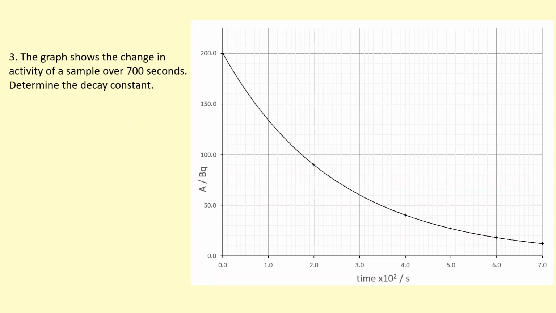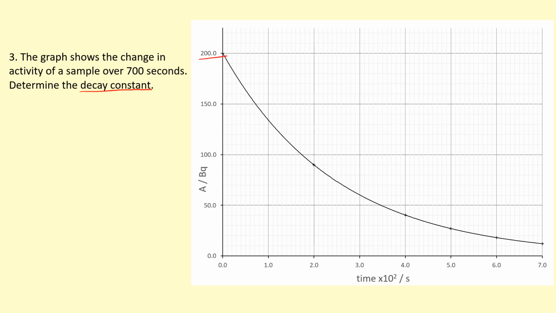Sometimes you'll have to use a graph to figure out important information. In this case, we're trying to figure out the decay constant. We've got activity against time. One way to do this is to figure out the half-life first and then the decay constant from that. The half-life is the time it takes the activity to decrease to half the initial amount. So we can go from 200 to 100.